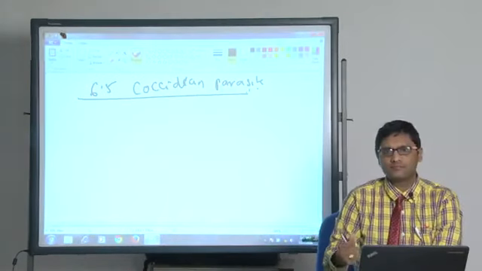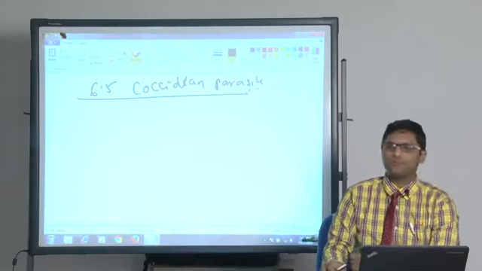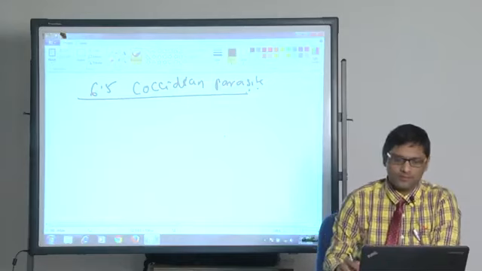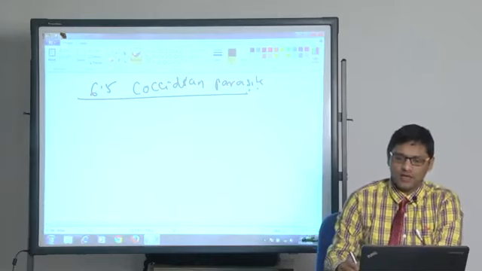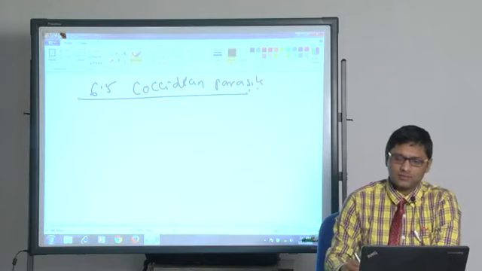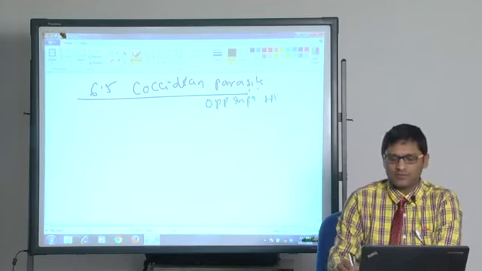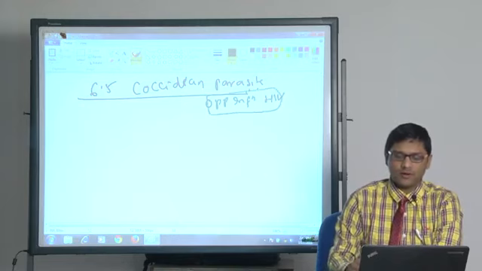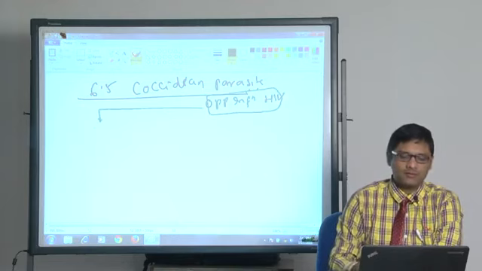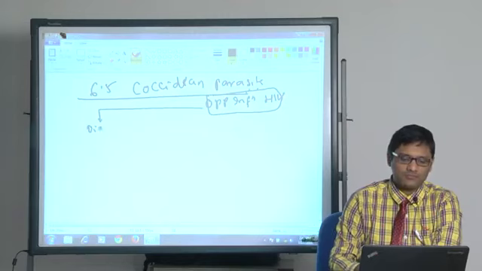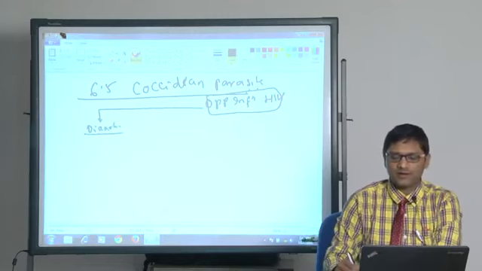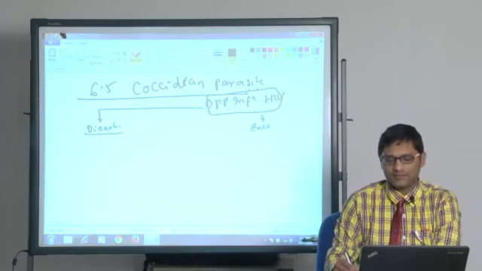Coccidian parasites. There are 4 important members under this, and all these members are known to produce opportunistic infection in HIV individuals. Among these, 3 members cause opportunistic diarrhea, whereas one causes opportunistic encephalitis.